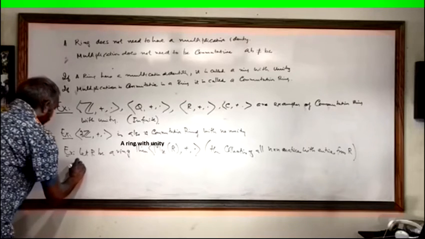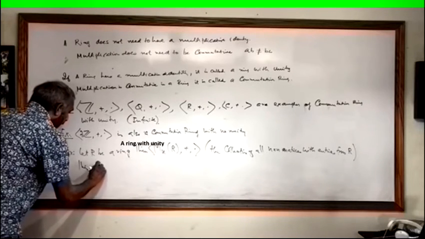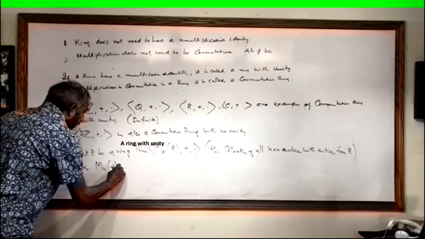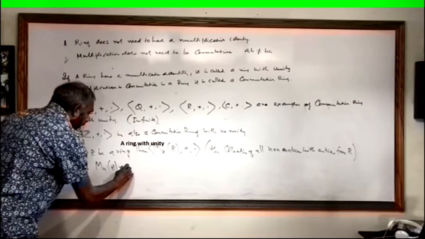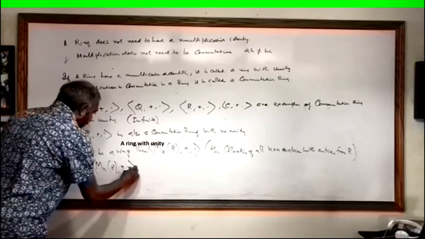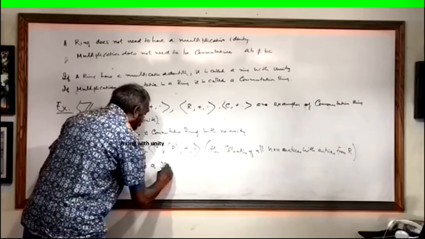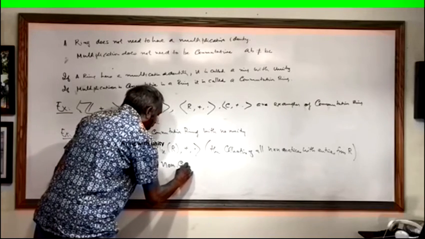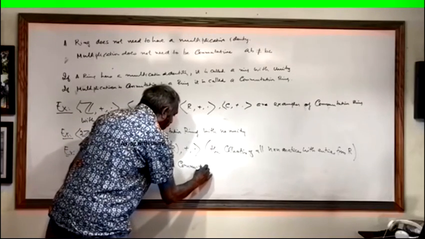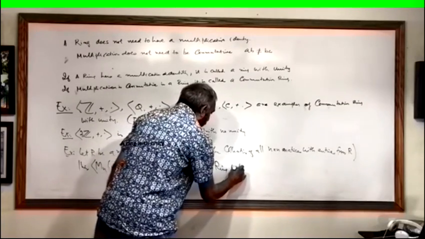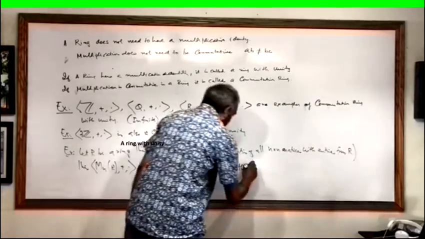Then M_n(R), with matrix addition and matrix multiplication, is a non-commutative ring with unity.